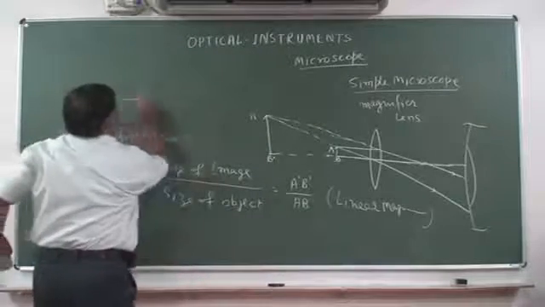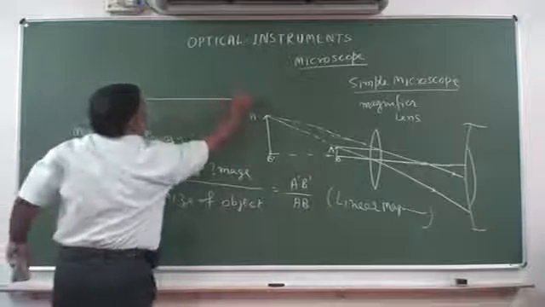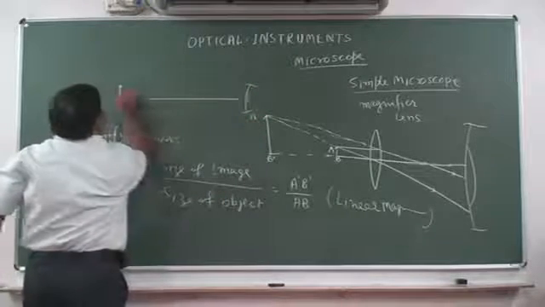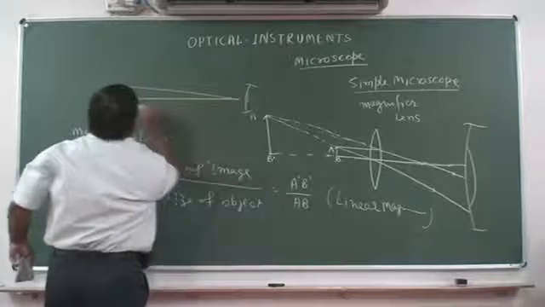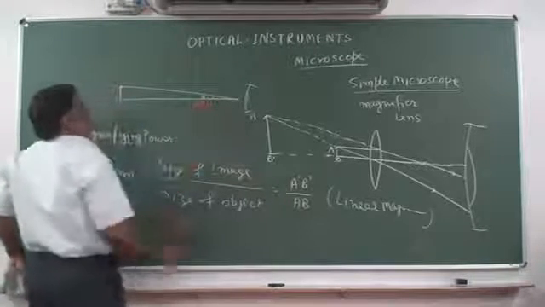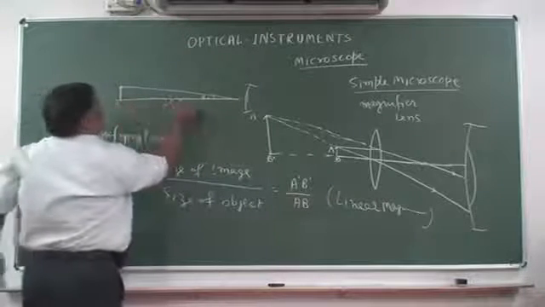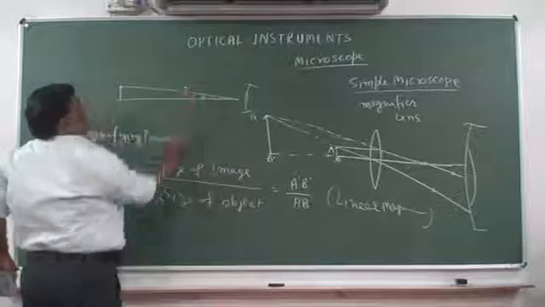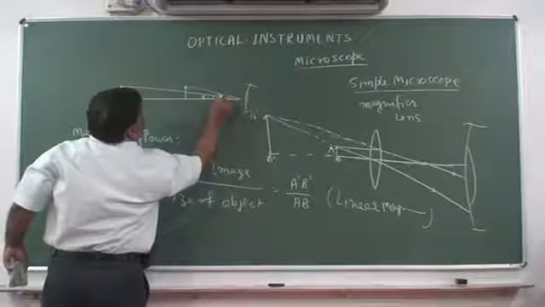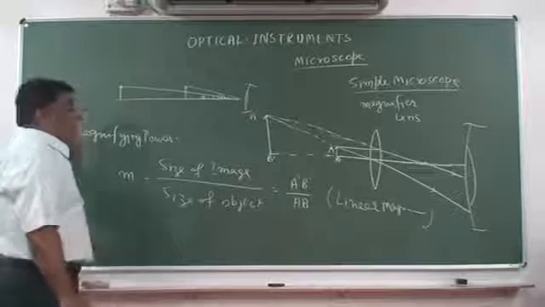See, here is an object and here are our eyes, and this is the angle made by the object on our eyes, phi 1. If we bring it closer, or here at this place, now it makes angle phi 2. Phi 2. Okay.